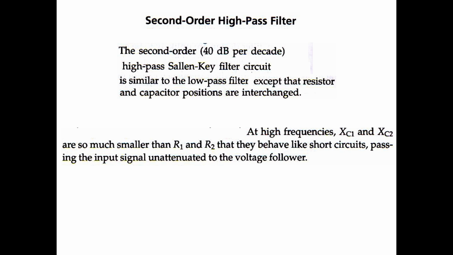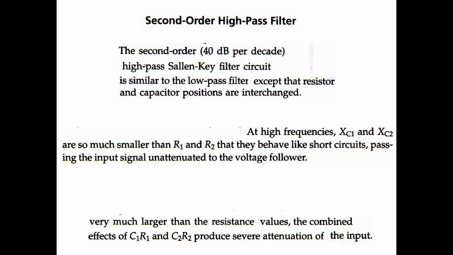At high frequencies, XC1 and XC2 are so much smaller than R1 and R2 that they behave like short circuits, passing the input signal unattenuated to the voltage follower. At low frequencies, when the capacitive impedances are much larger than the resistance values, the combined effects of C1R1 and C2R2 produce severe attenuation of the input.